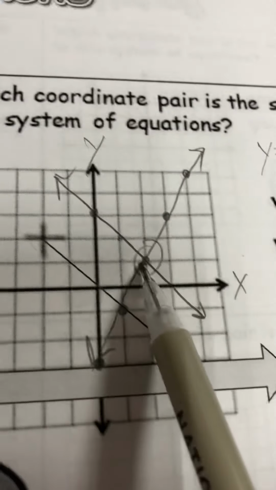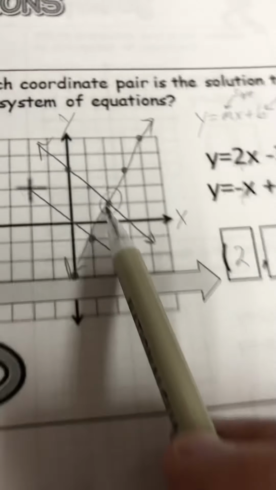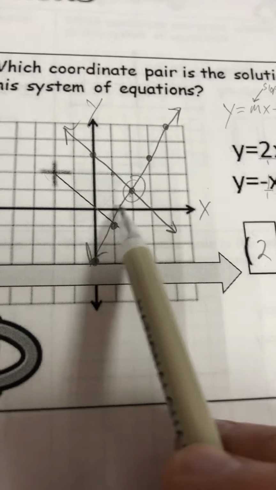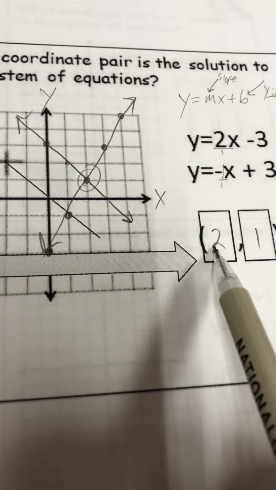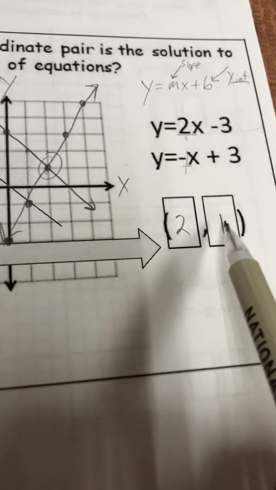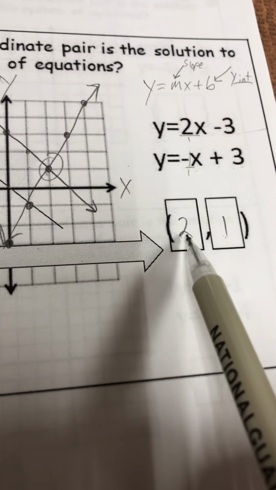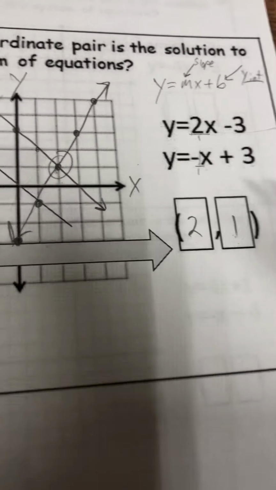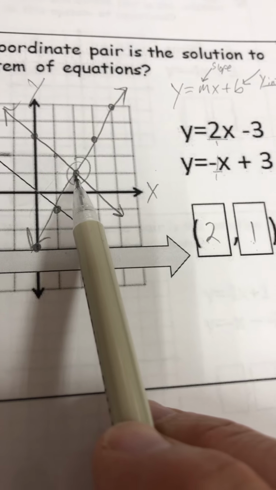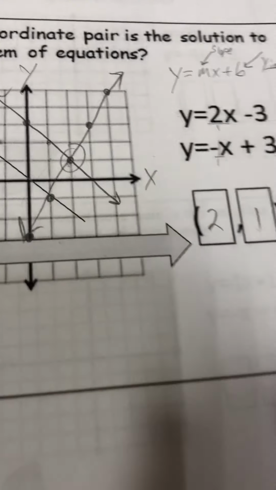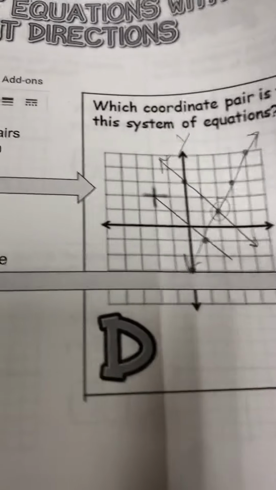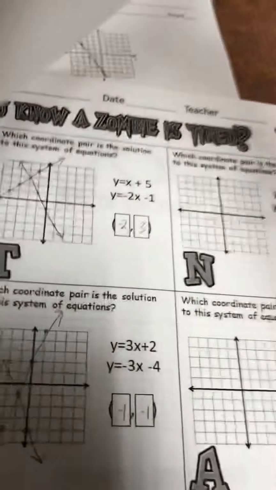That's my answer. I don't need to go any further, so I just stopped right there. This point is 1, 2 on my x-axis, and it goes up 1. That's my y. So it's 2, 1. That's my coordinate. This point right here is at coordinate 2, 1. That happens to be your first one on this page right here.